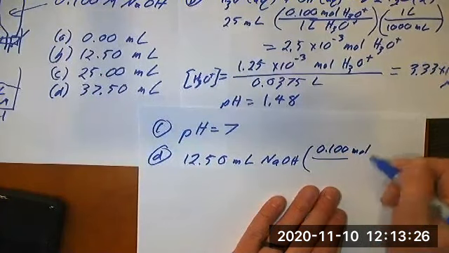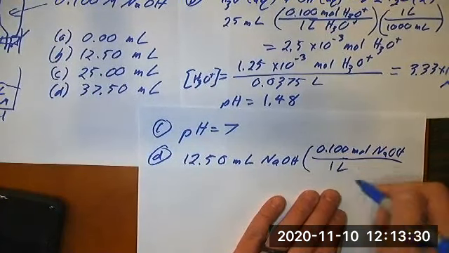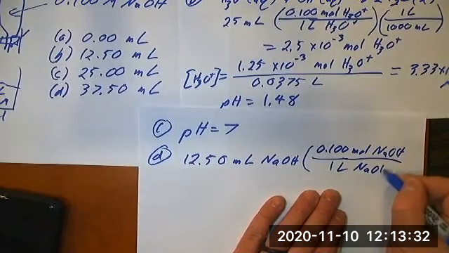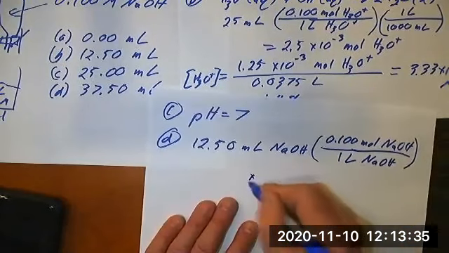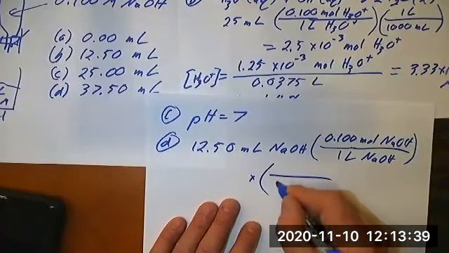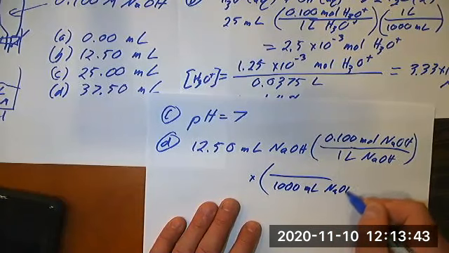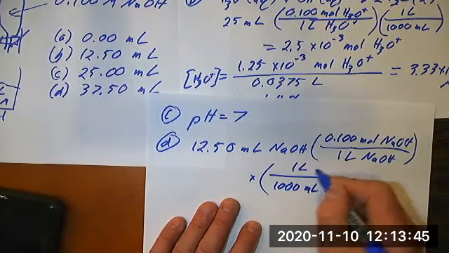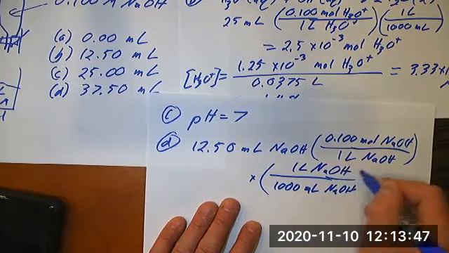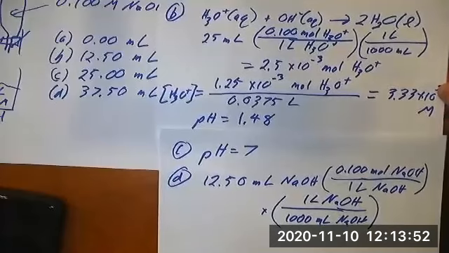0.100 moles of sodium hydroxide over 1 liter sodium hydroxide times, we need our milliliters and liters to cancel, so 1,000 milliliters of the sodium hydroxide in the denominator, 1 liter of the sodium hydroxide in the numerator.